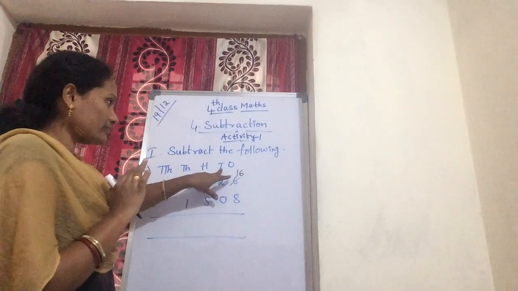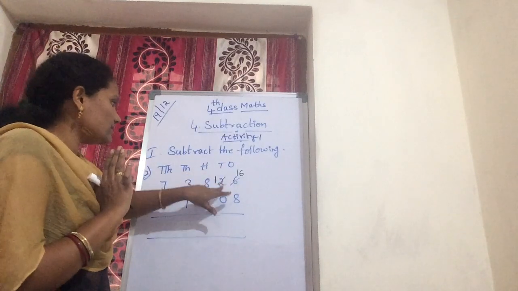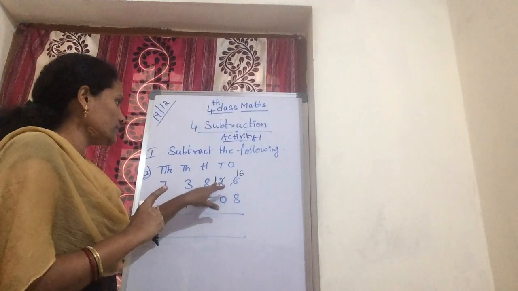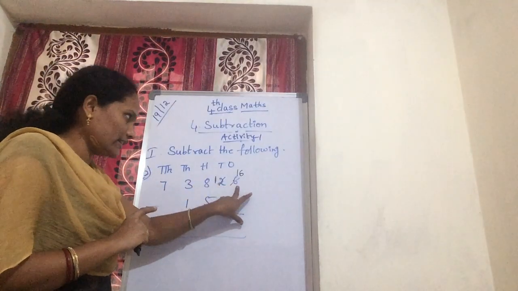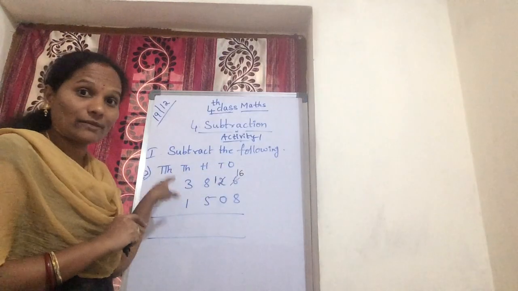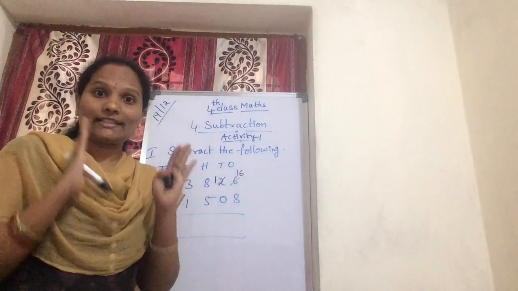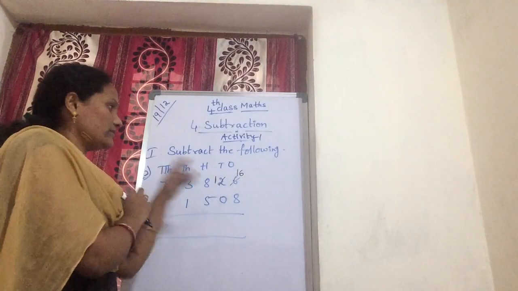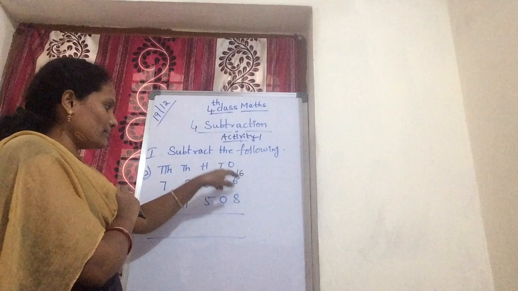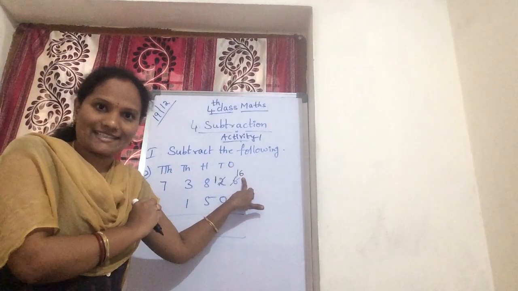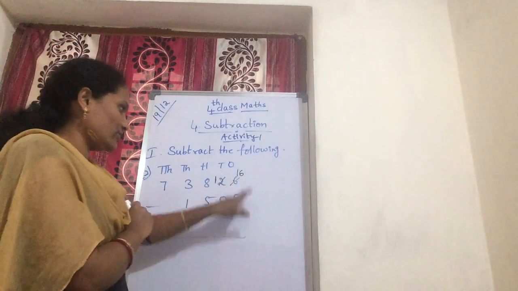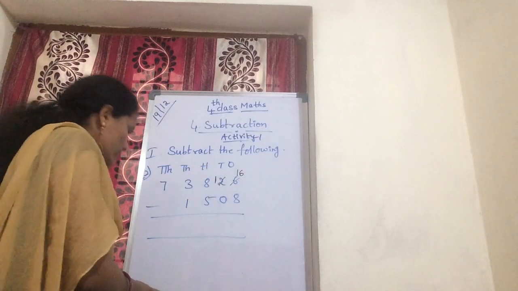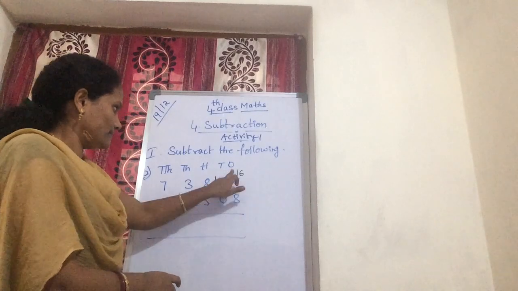Every time you take borrowing, that position decreases by 1. So 2 becomes 1. Here you get 10 because you are taking borrowing of 10 from another number. So after borrowing you get 10 plus 6, which is 16. Now you do the subtraction. 16 minus 8.